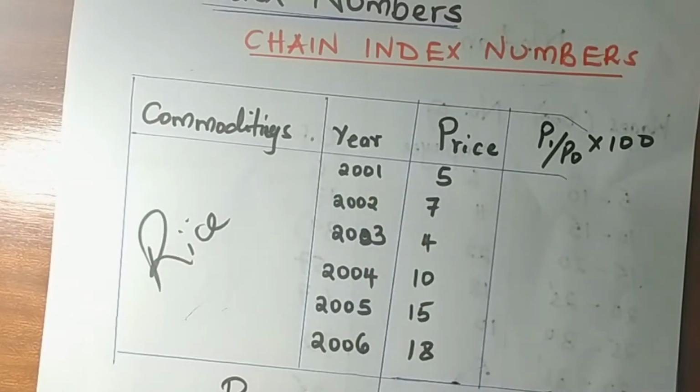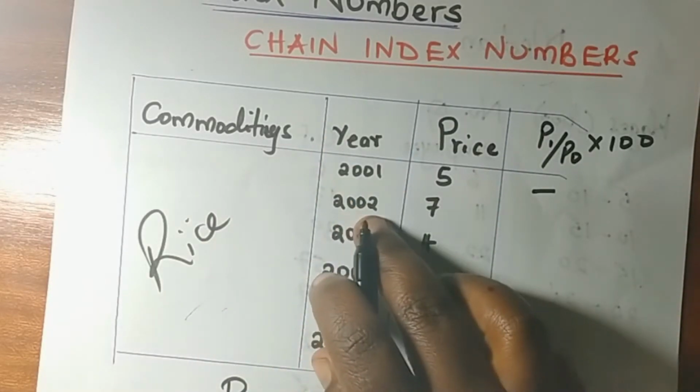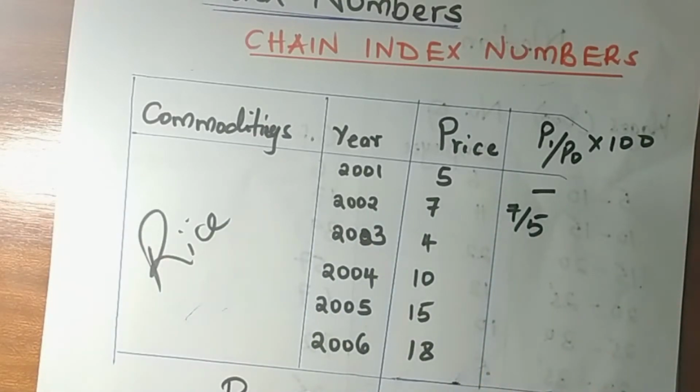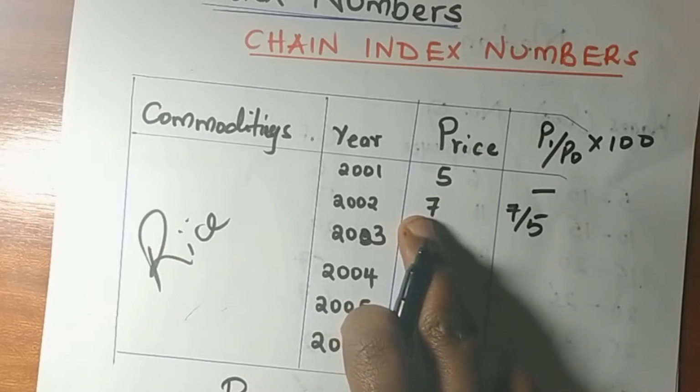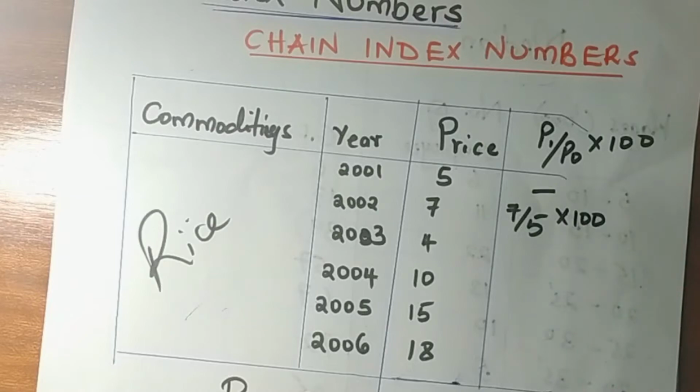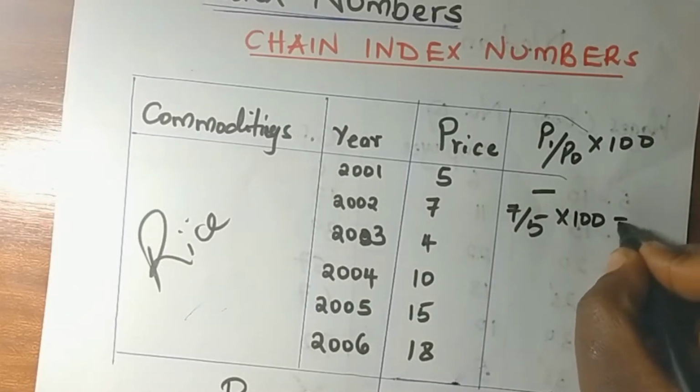For the first time period, because we don't have the preceding year, we cannot find the price relative, because the data is not available. For the next one, the price relative will be the current year, which is 7, over the preceding year, and then we multiply by 100.